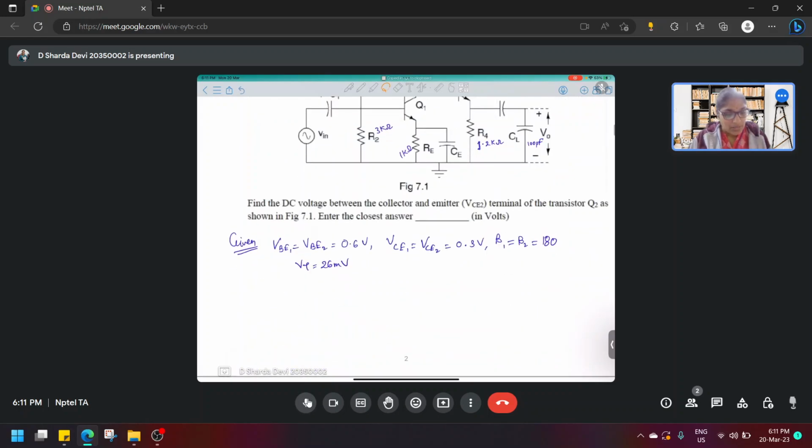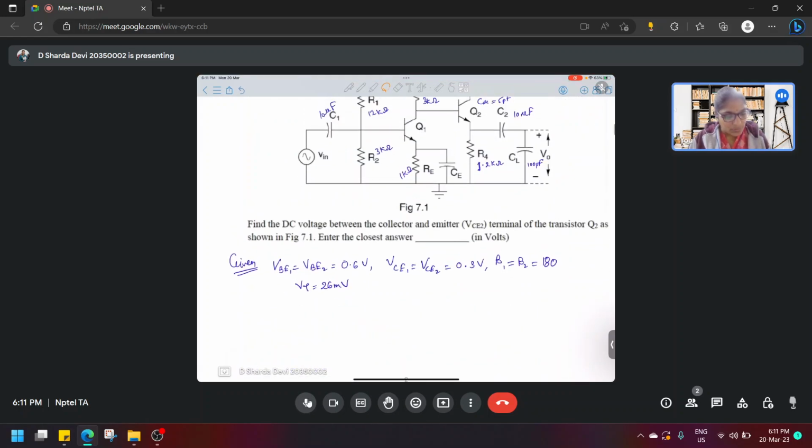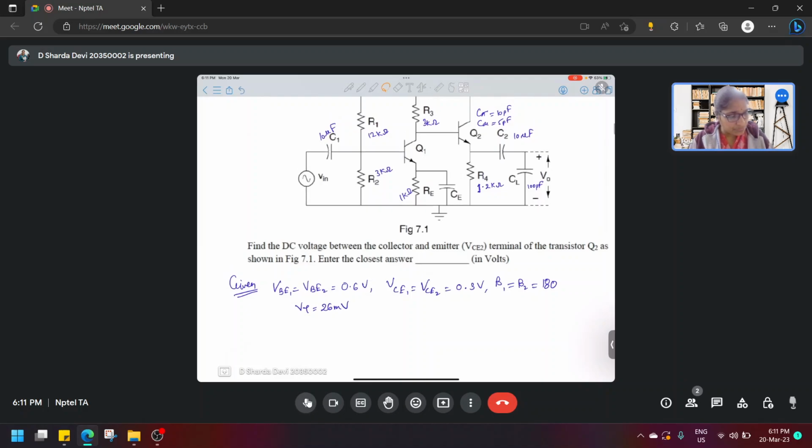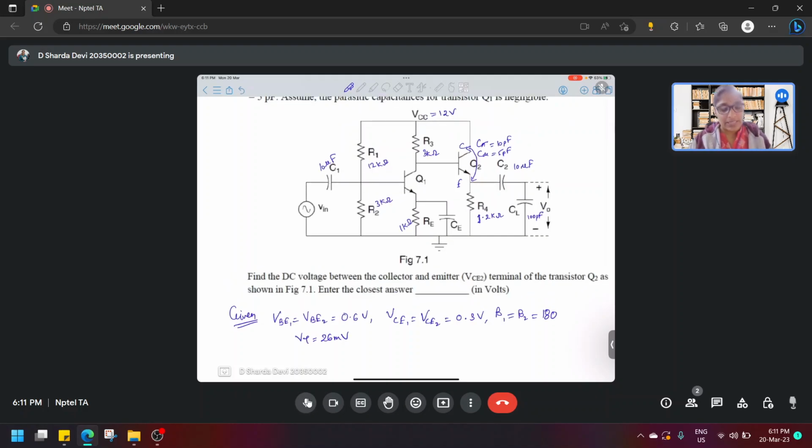Okay, so here we have to find the DC voltage between collector and emitter terminal of Q2. That means we have to find this voltage, that is VCE. So how can we find VCE?